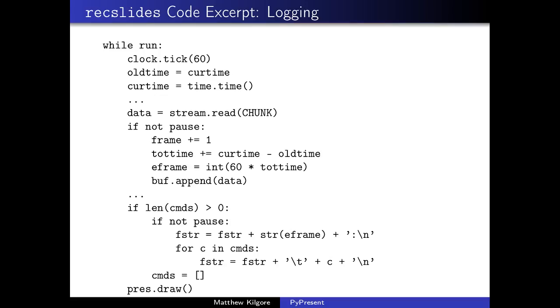Now, the logging control also happens within the game loop, and it happens after we've pulled all the events. On every iteration, we read a chunk of sound from a screen variable. That's the reason why this doesn't run at 60 frames per second.